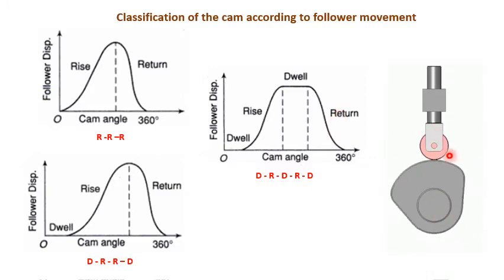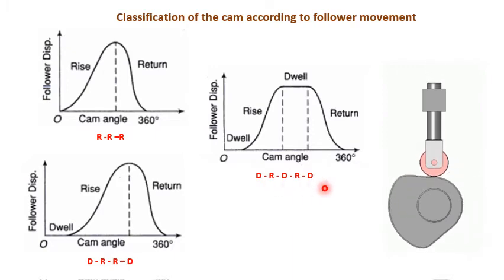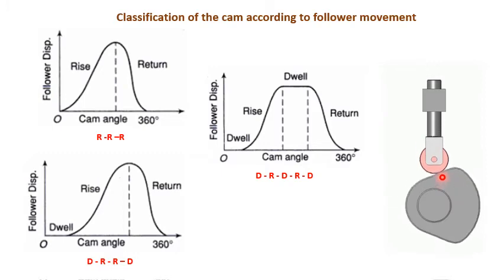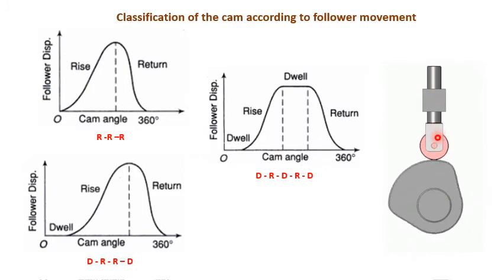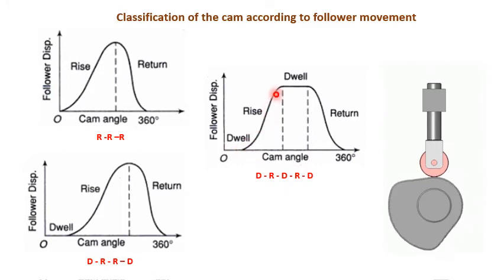With this video I would like to explain the DRDRD cam. You can see the motion of the follower. Now there is a rise, dwell, return. Based on the shape of the cam, the motion of the follower takes place. First I get the dwell, then a rise, dwell, a return, and again a dwell.